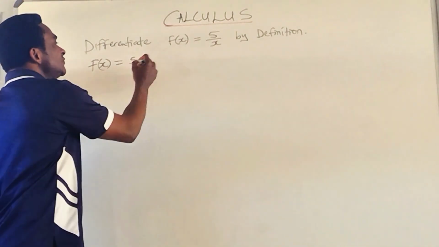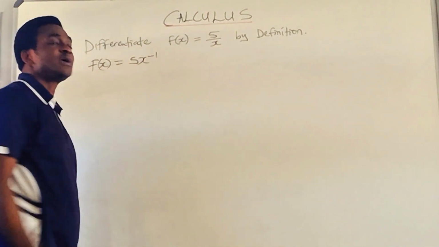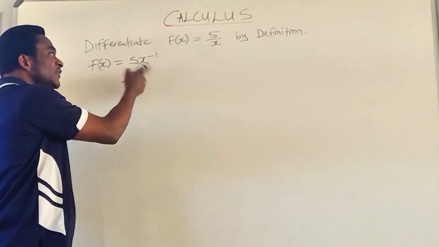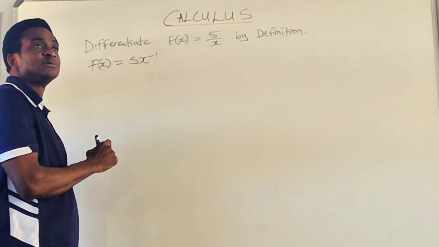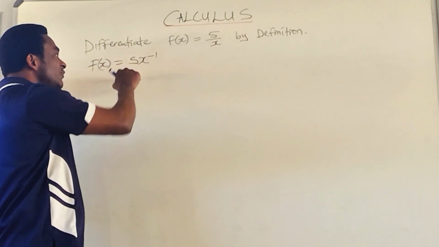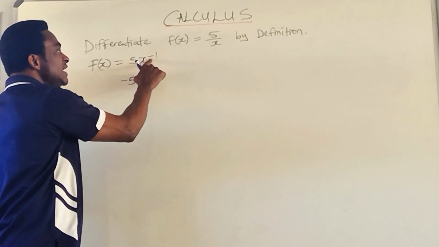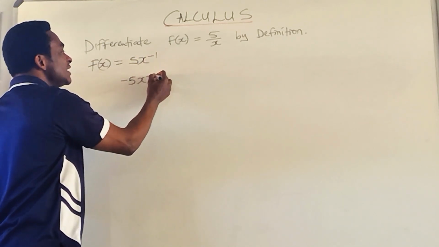Take the exponent of this, that gives us 5x to the power of -1, and then differentiate using the general method. So if we take this, it's -1 times 5, which will give us -5, and then we have -1 -1, -2.